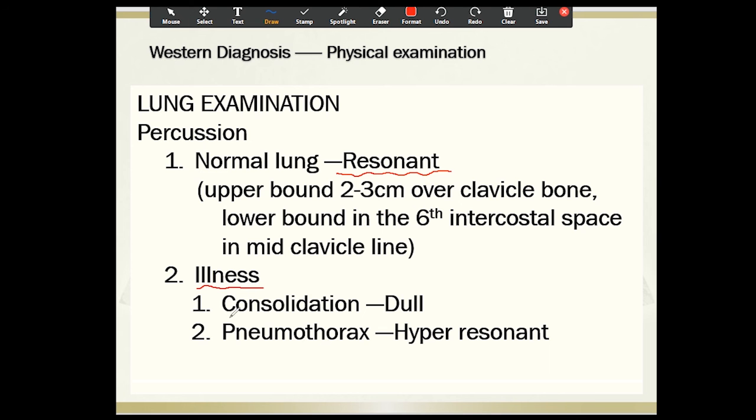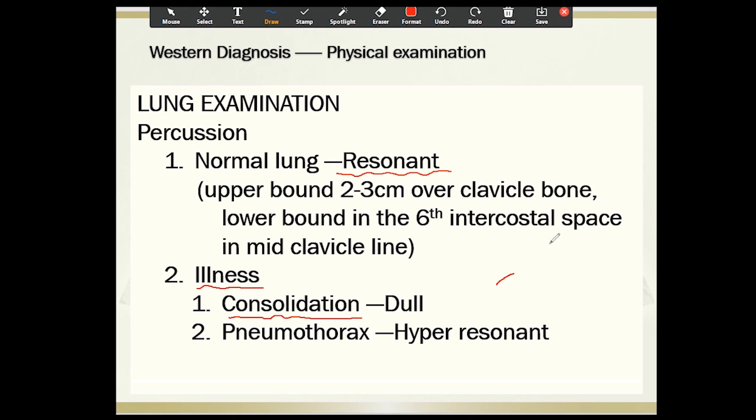One possibility is more solid material inside, like a patient with pneumonia, a lung infection. It's more like phlegm inside.